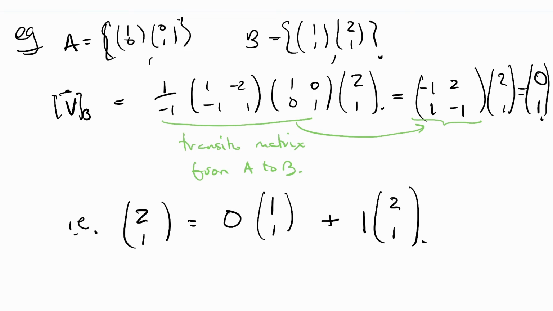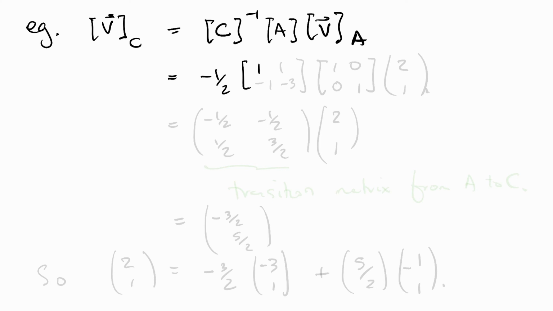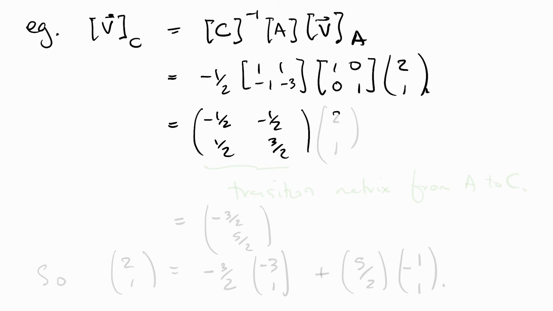Let's do another example. The coordinate vector of V with respect to C should be the matrix made out of the C vectors, inverse, times the matrix made out of the A vectors, times the coordinate vector of V with respect to A. Let's just do a little inverse work. This is A, and the coordinate vector with respect to A. What we're going to get is -1/2, 1/2, -1/2, 3/2, times 2, 1.